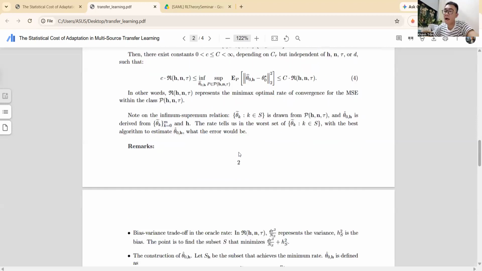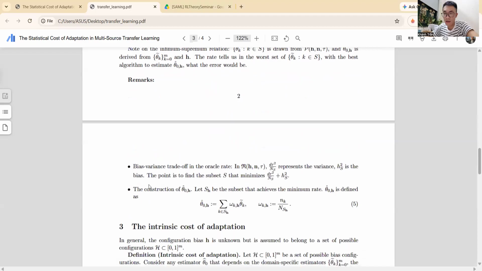Yes, they have. I forgot to present. So the construction of the estimator, when the configuration is known, defines a weighted sum of the estimators for the target and source domains, where the subset of the source and target domains achieves the value R here.